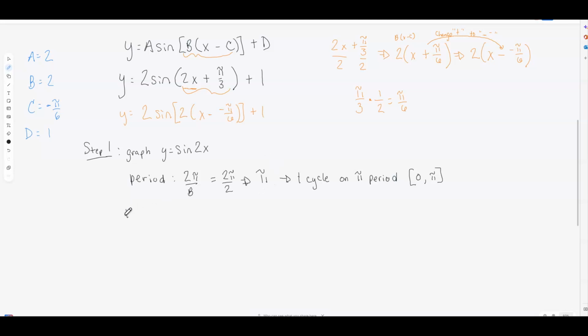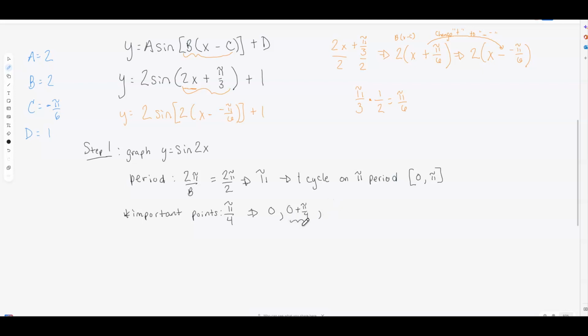To determine your important points, you divide your period by 4. So pi over 4. And so that means that my first x value should be 0, and then I'm going to do 0 plus pi over 4, which is just pi over 4.